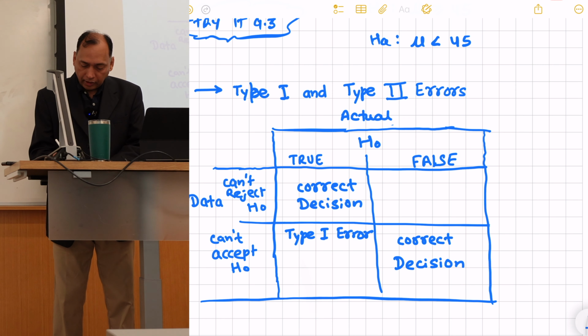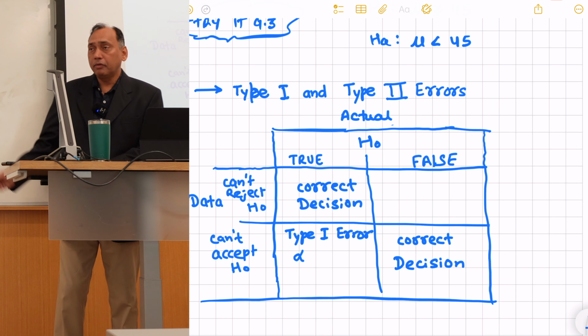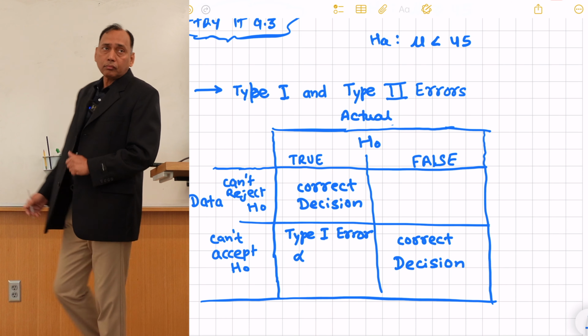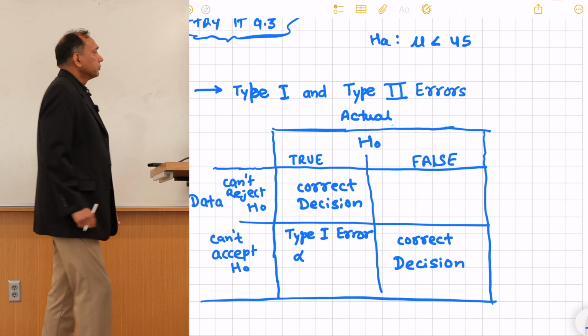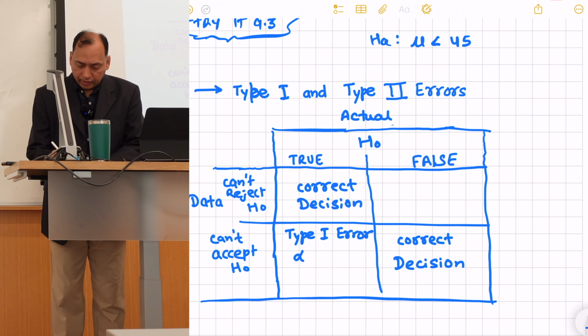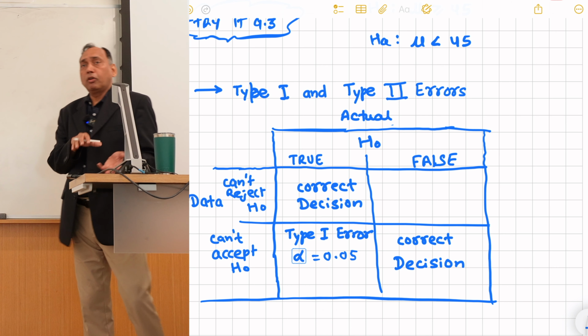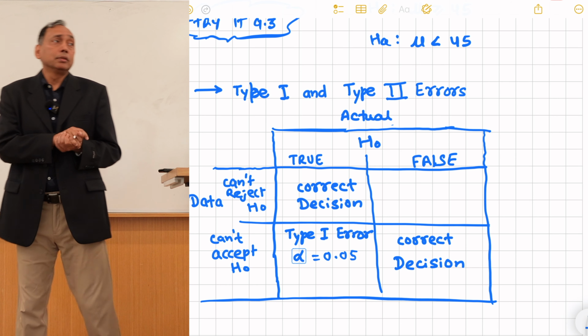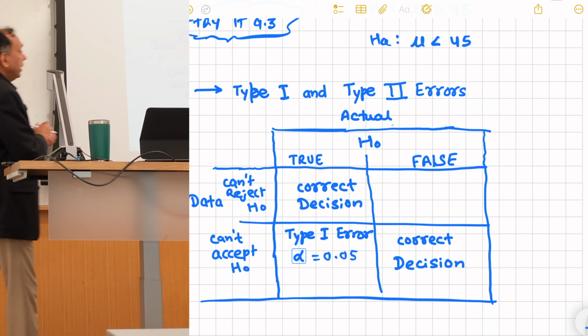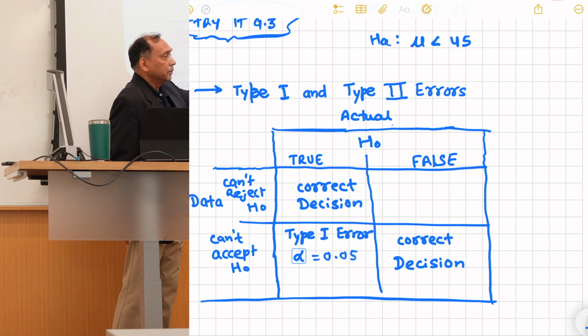Also represented by alpha, that you have seen in the last chapter, risk level. And typically that probability of type 1 error captured by alpha is 0.05, which means your confidence is 95% that you are right, but there is a 5% chance that you could be wrong.